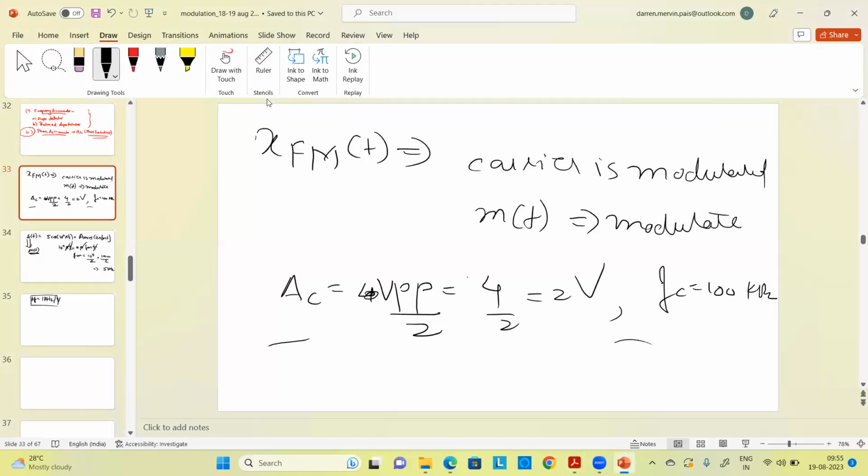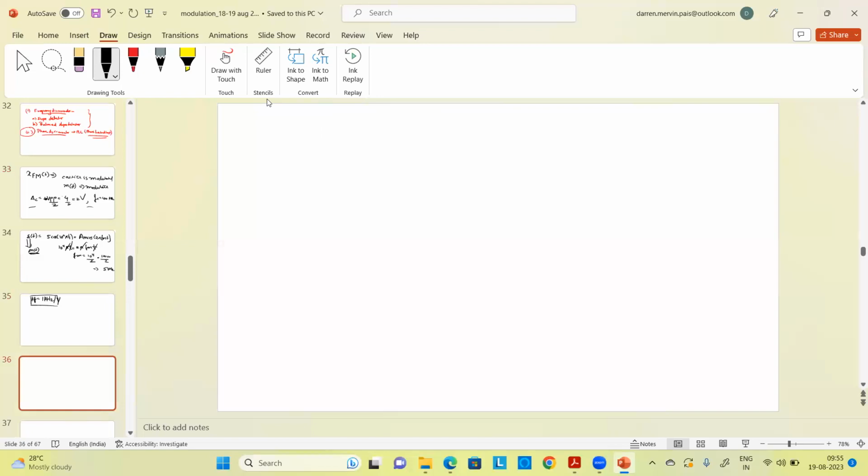Maximum frequency deviation. So what did we learn about the frequency deviation formula? Your del f is equal to kf into Am, right? What is the value of kf? 1 kilohertz per volt into what is the value of Am?